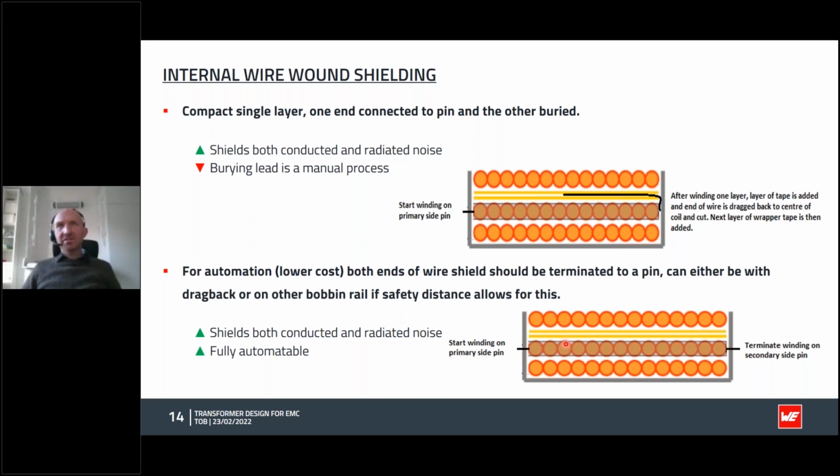Maybe the results are not quite as good because there are still some gaps in here from the winding, but we can get a big saving on cost and also quite good results.